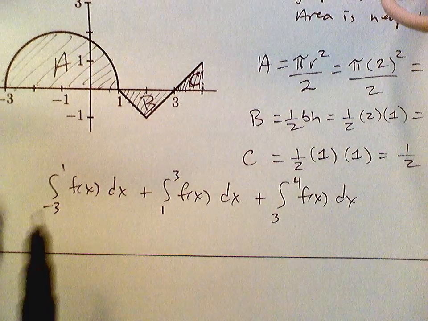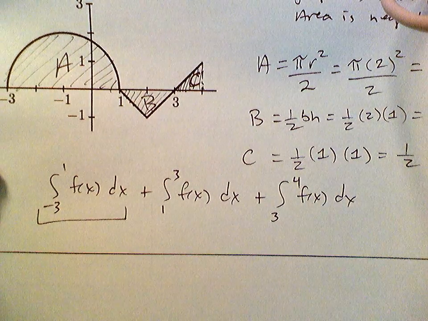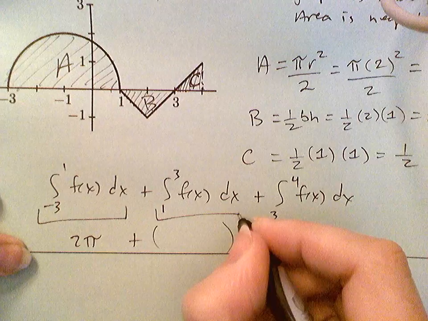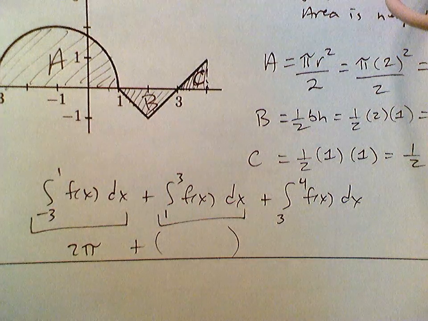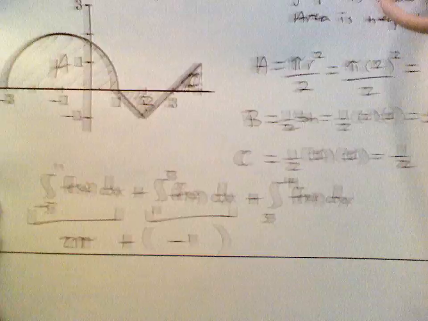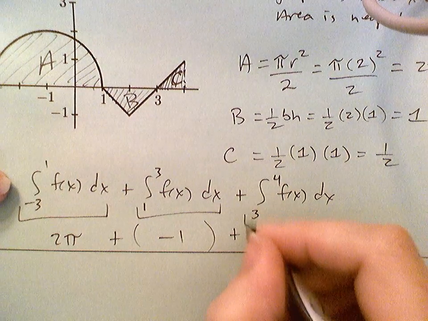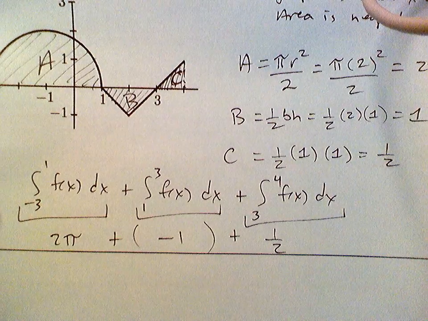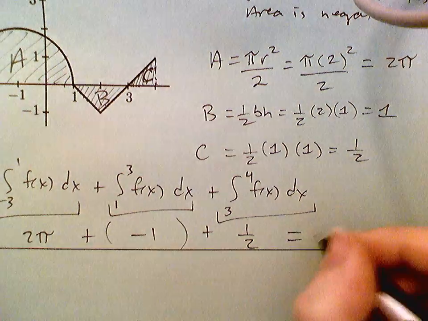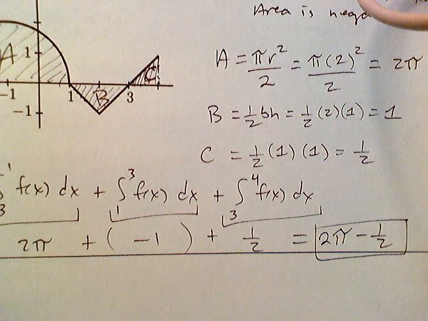And then I already figured out that this was A, 2 pi, plus that one is B. I figured its positive value was 1, but it's below the x-axis, so that's going to be a -1. And then plus, for that part here, this definite integral is a half. And when you put it all together, you get 2 pi minus a half. So that is the exact area.